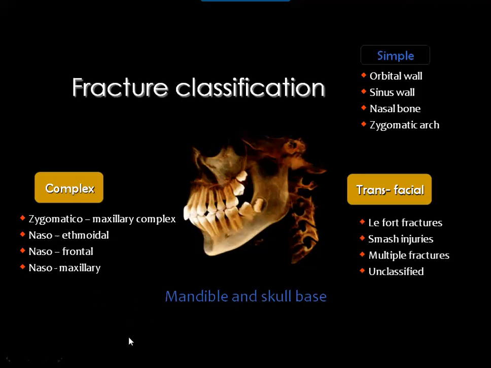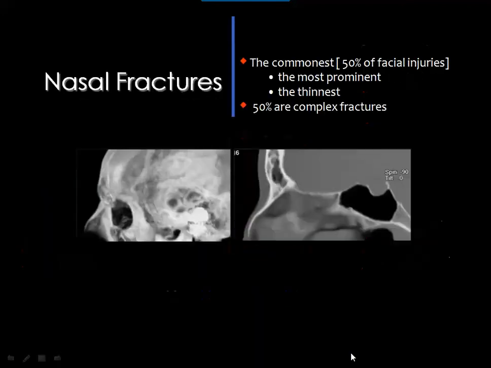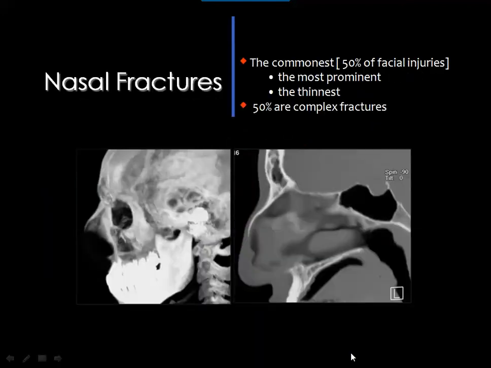Then the extensive or transfacial fractures, which include the famous Lefort fractures and the smash injuries, then unclassified and multiple fracture lines. And starting by the simple fractures, the most common example is the fracture of the nasal bones.